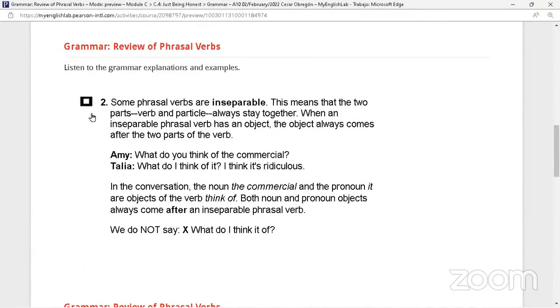Number 2. Some phrasal verbs are inseparable. This means that the 2 parts, verb and particle, always stay together. When an inseparable phrasal verb has an object, the object always comes after the 2 parts of the verb. "What do you think of the commercial?"